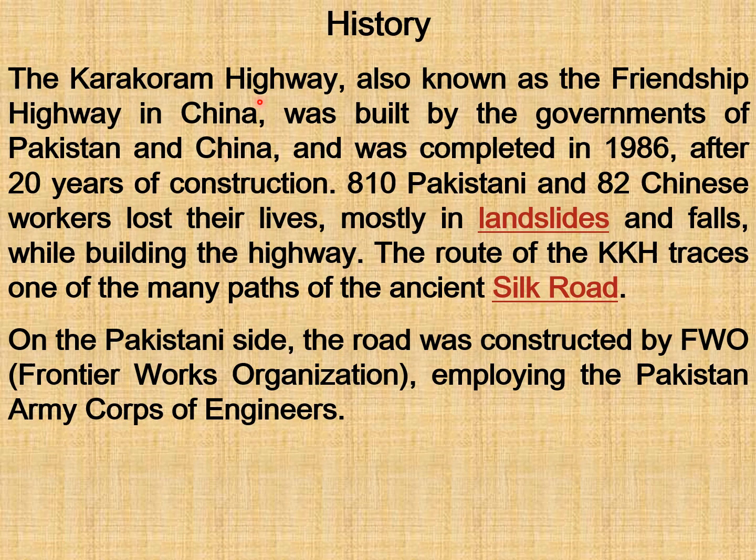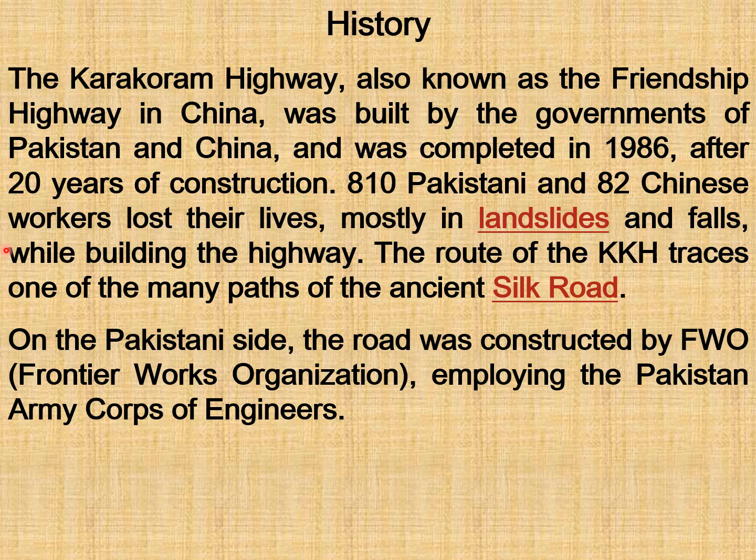Now the history of the Karakoram Highway. The Karakoram Highway, also known as the Friendship Highway in China, was built by the governments of Pakistan and China and was completed in 1986 after 20 years of construction. 810 Pakistanis and 82 Chinese workers lost their lives, mostly in landslides and falls, while building the highway.